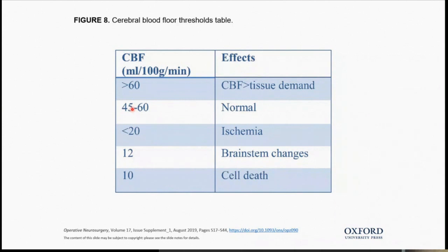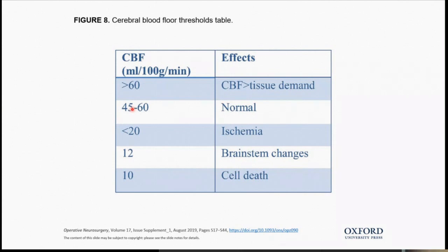However, if we maintain the blood flow to any part of the brain, whether it is the gray matter or the white matter, and remember the gray matter, because the cell bodies are there, requires more blood and more oxygen compared to the white matter, which is just the fibers and the tracts of the neurons, if you maintain it between 45 to 60, that would be enough.